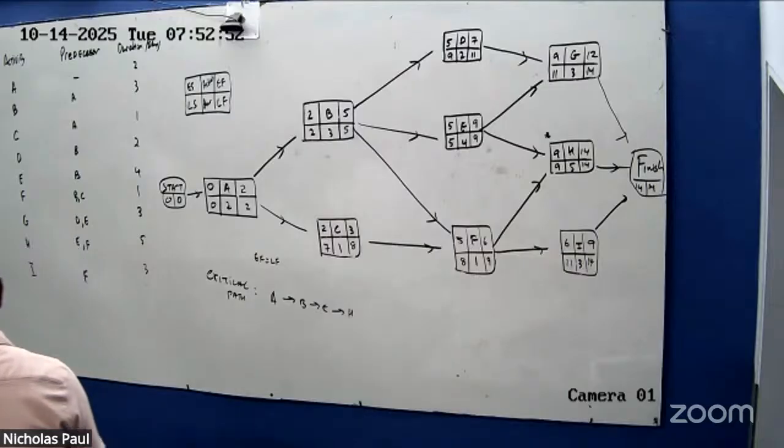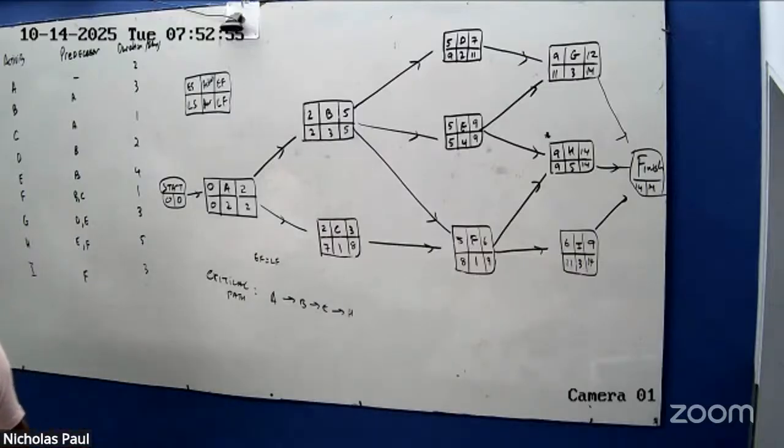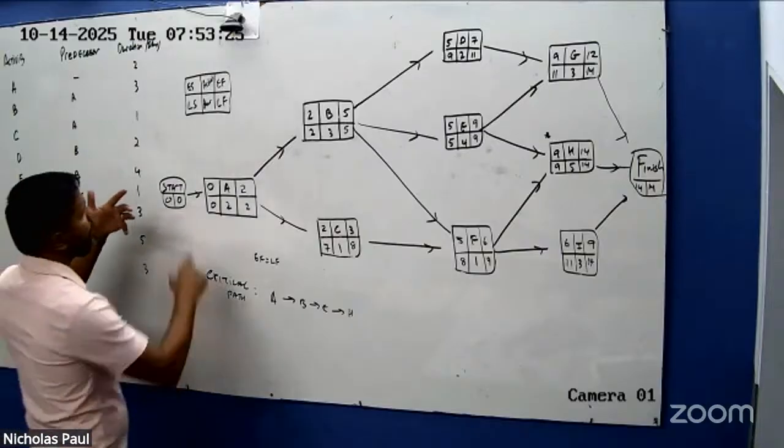So I want you to copy it down, and I want you to try to figure out now what to do. Anybody confused with this? Right? So remember, going this way, we go 1, 2, 3.